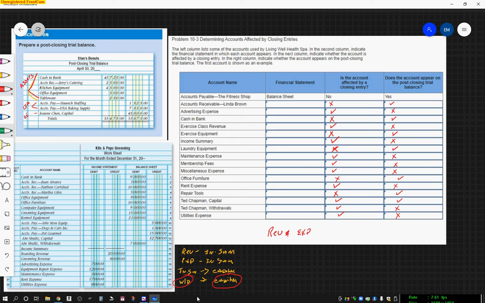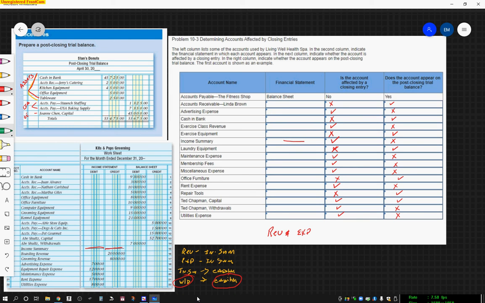Is the income summary listed? Well, it's not really on there, is it? So let's just leave that blank and put a dash there.